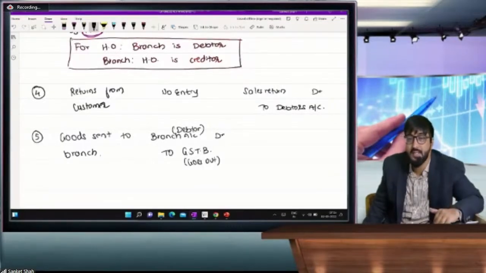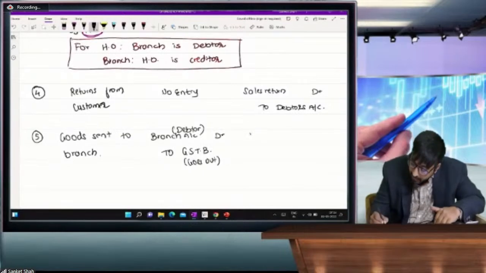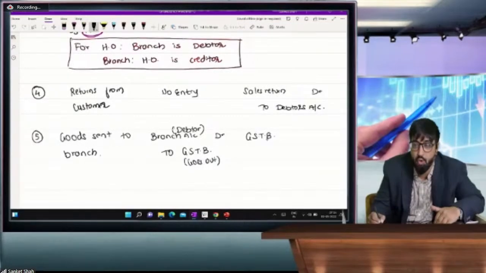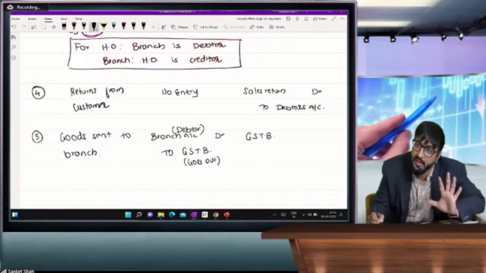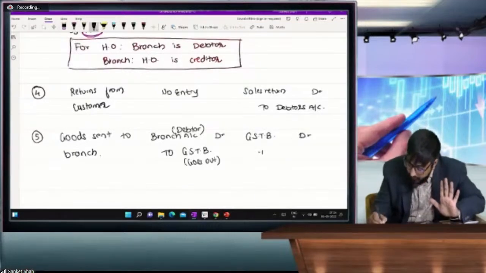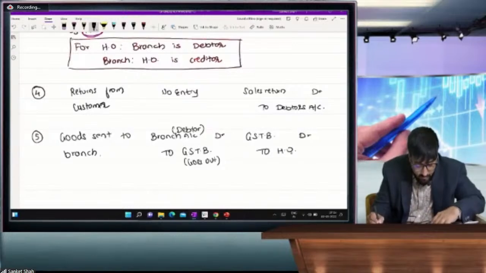Debtor means receivable. At the same time, it is actually goods received from HO, but we are not going to write it as goods received from HO. We will write it as goods sent to branch only. So GSTB account debit to head office. Actually, it is goods received from HO, but we are not going to record it because we will maintain the same head.